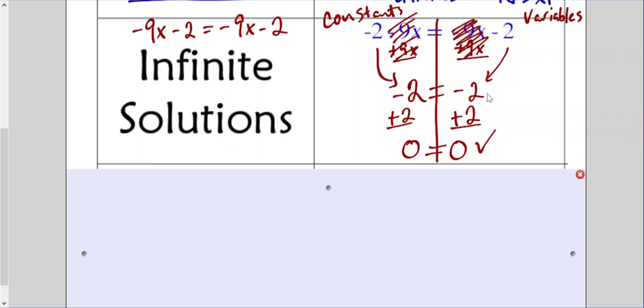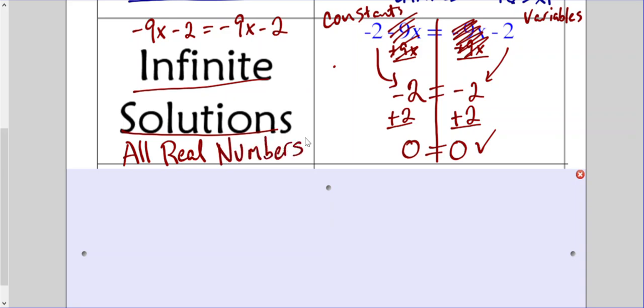They're going to continue to be the same on both sides of the equal sign no matter what you do. That tells us that we have infinite solutions. Another way to say that is that all real numbers are our solution set. We'll talk about that a little bit more in a second.